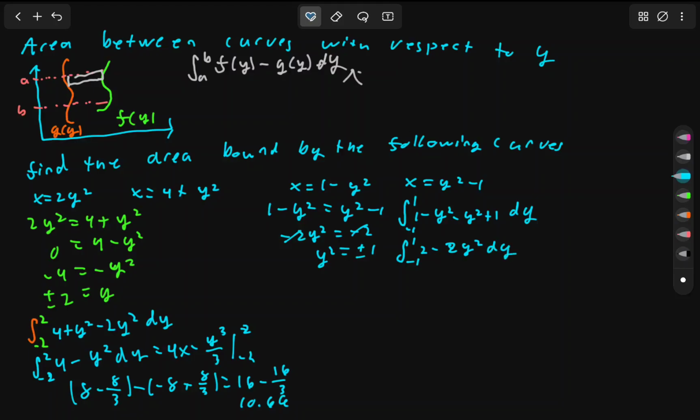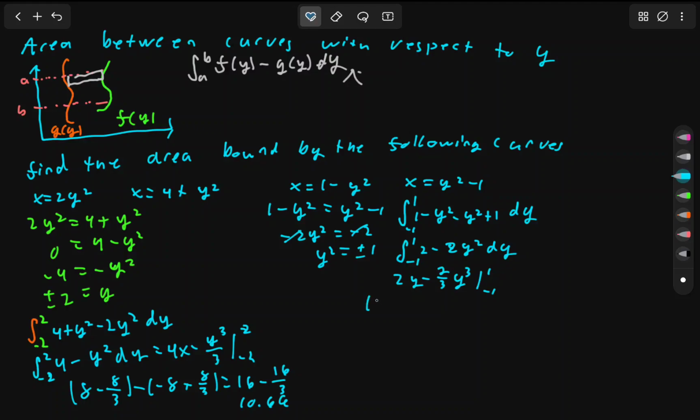And now it's just as simple as integrating this. So we get 2y minus 2/3 of y cubed, evaluated at 1 and negative 1.